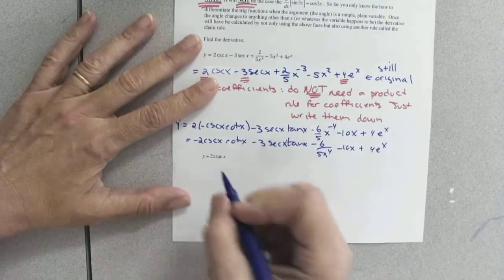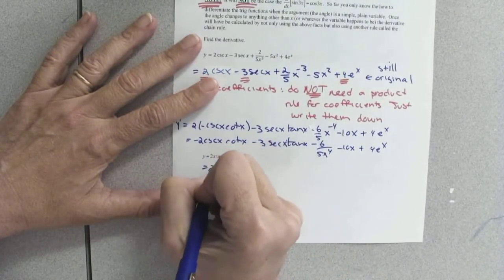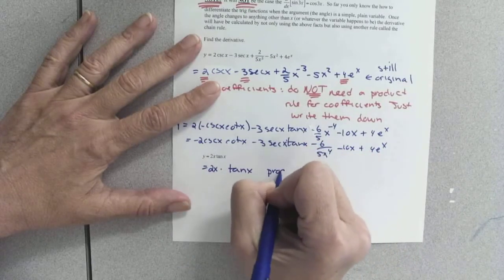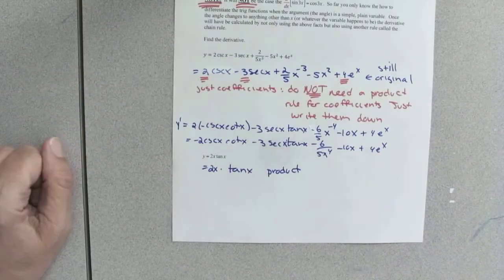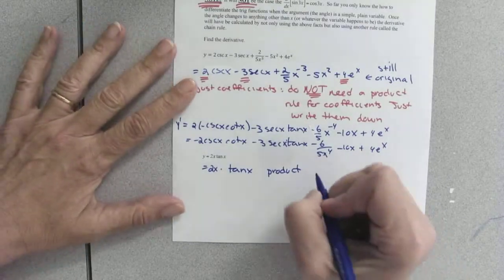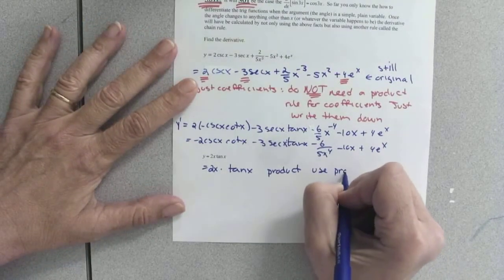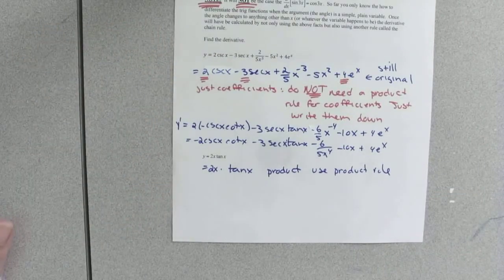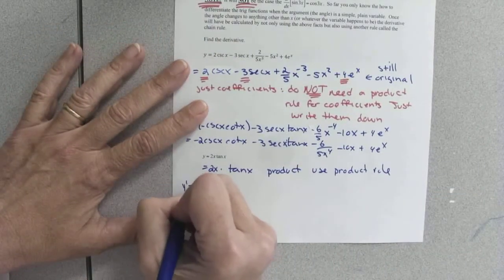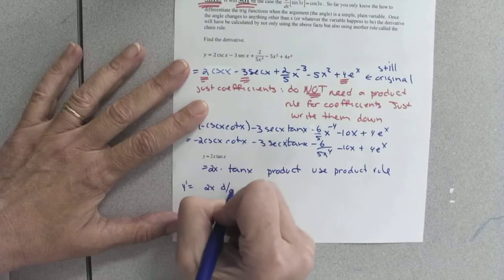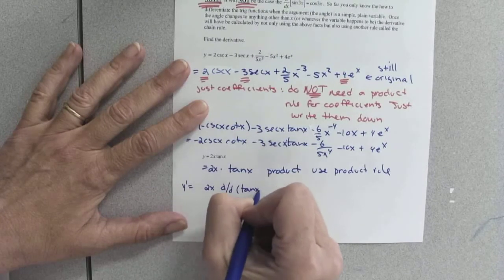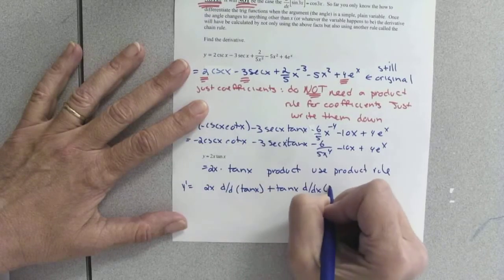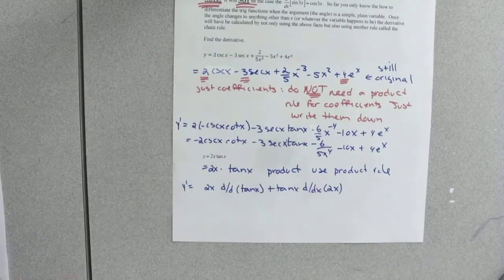Okay, next one. I'm just going to write this a little bit bigger. I've got 2x times tangent x. It's a product, and so I have to use the product rule. There is no choice here. So doing the product rule: play first, derivative of the second, plus play second, derivative of the first.